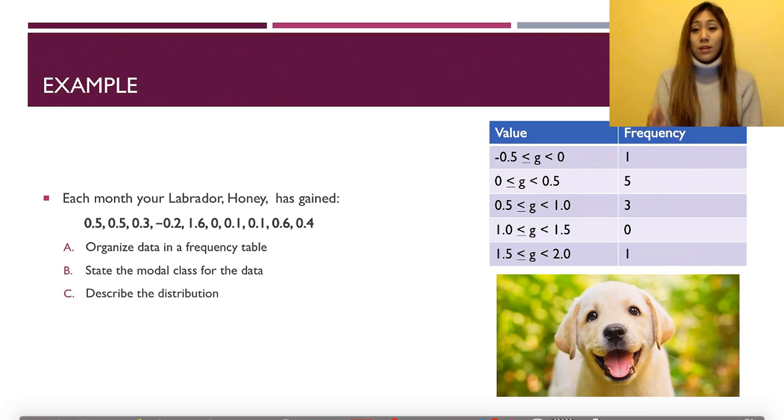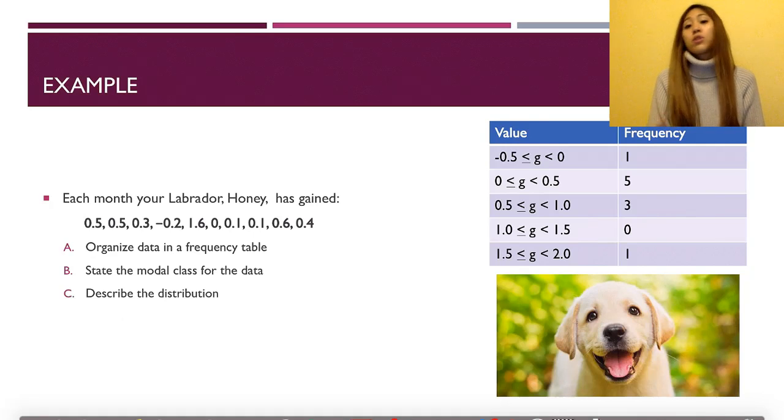And the x-axis labels are very equal, as opposed to just using negative 0.2 and then positive 0.3 and 0.5. They're not equally apart, right? So we can set the values. For example, I decided to use 0.5 increments. So I started at negative 0.5 because I have a negative 0.2 grams.